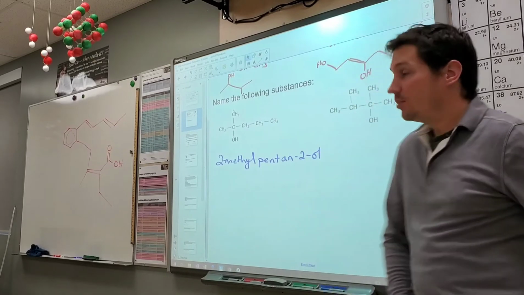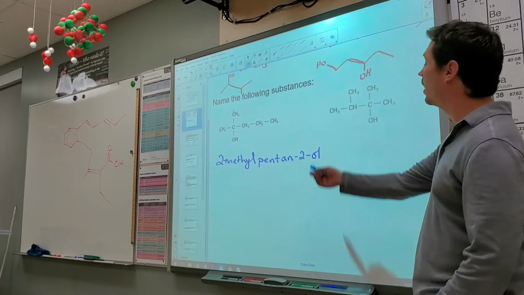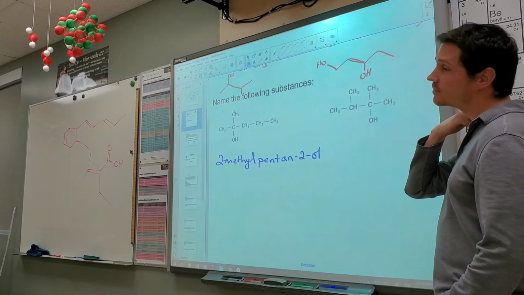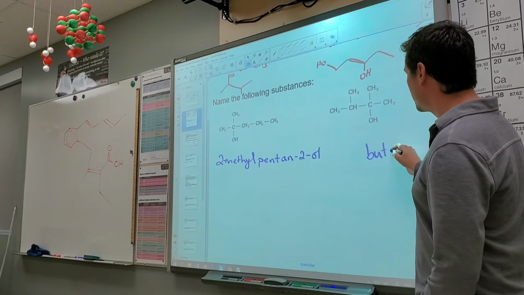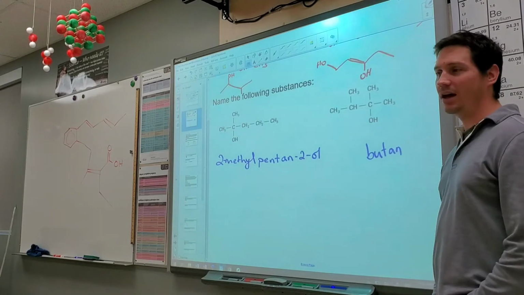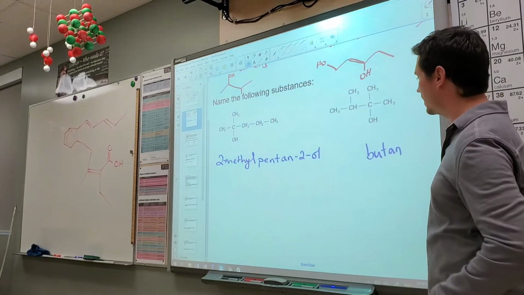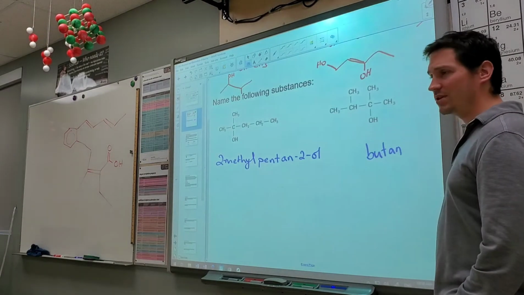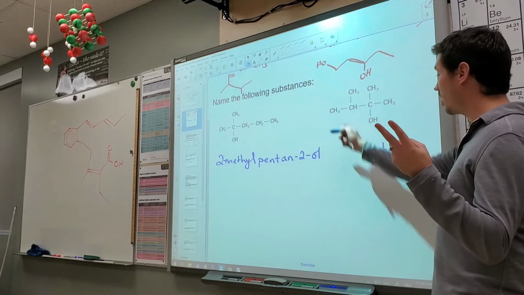Now the other one's a little bit of a pain, but that's fine. What's your longest parent chain? 4. So this is going to be butan, and there's not multiple ols, so it's not butane, it's just butan. So where's the hydroxyl attached to? Carbon 2, not carbon 3.